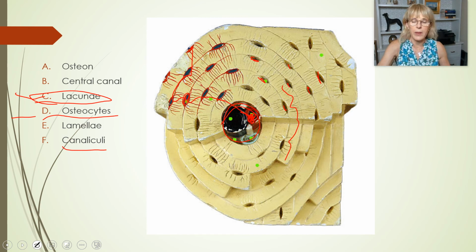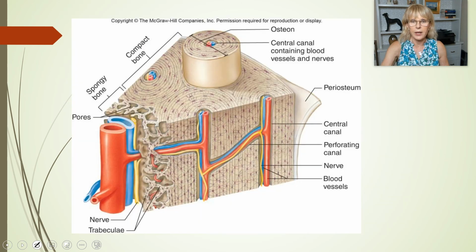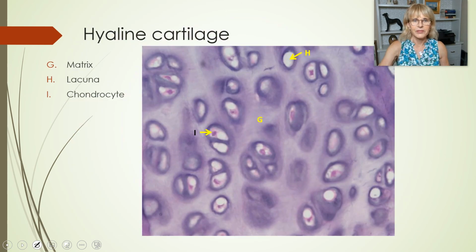Let's talk just a little bit about cartilage. Just as osteocytes, which means bone cell, by the way, live in lacunae and have this very rigid matrix. Oh, this is very good. Okay, nice picture.